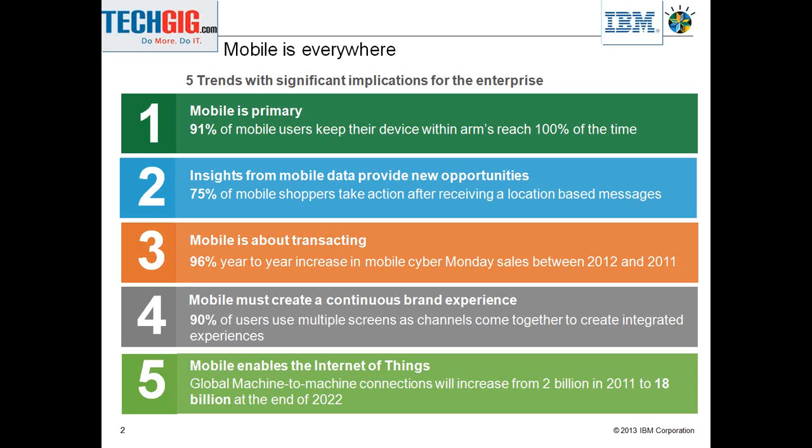And trend 5 is that mobile enables the Internet of Things. Global machine-to-machine connections will increase from 2 billion in 2011 to 18 billion at the end of 2022. This is a predictive analytics figure based on existing data, and mobile is also a participant in the machine-to-machine space, which is still a very much evolving industry.